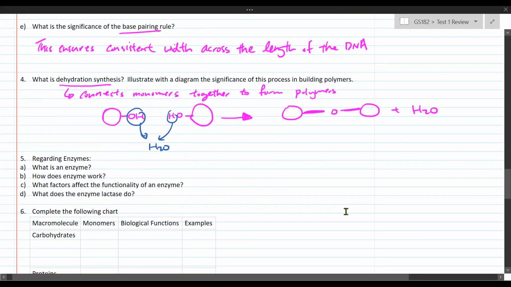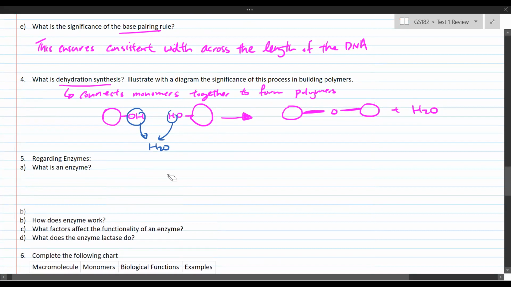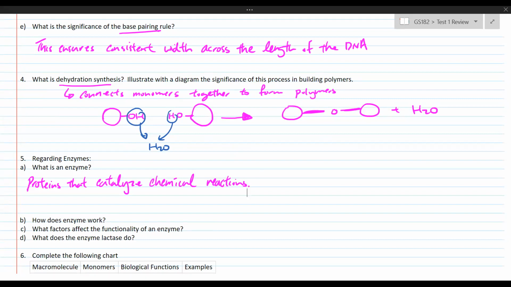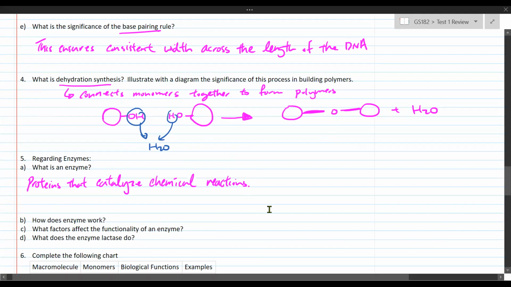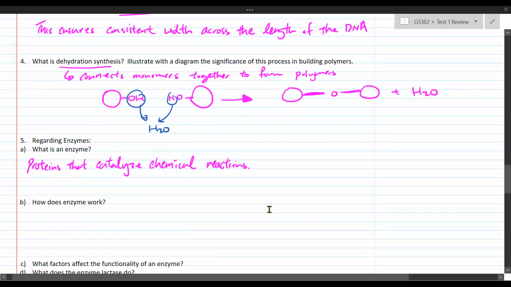Regarding enzymes, what is an enzyme? Enzymes are proteins that catalyze chemical reactions. They speed up reactions in the body, essentially. And how does it work? An enzyme works by lowering activation energy.